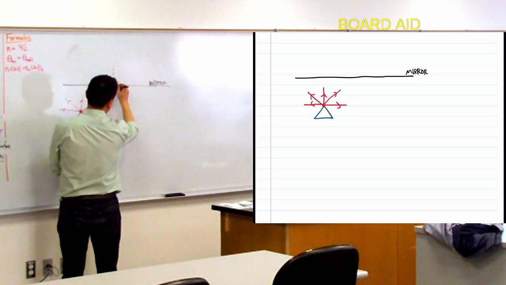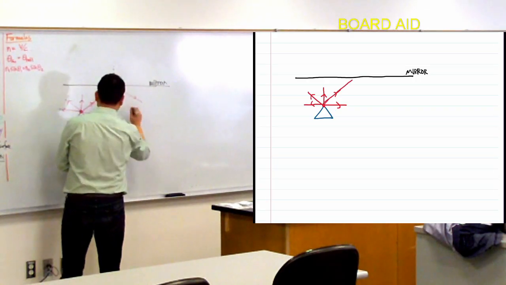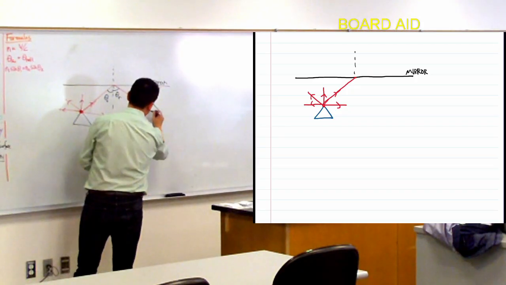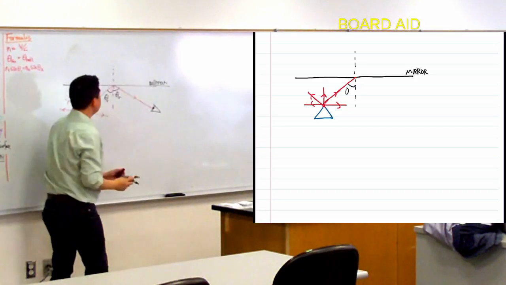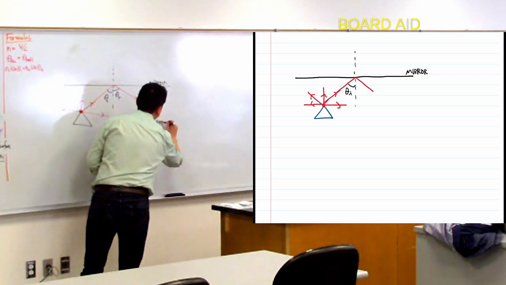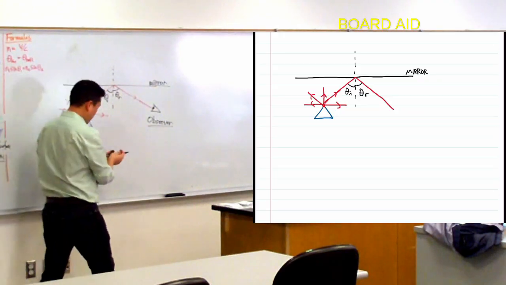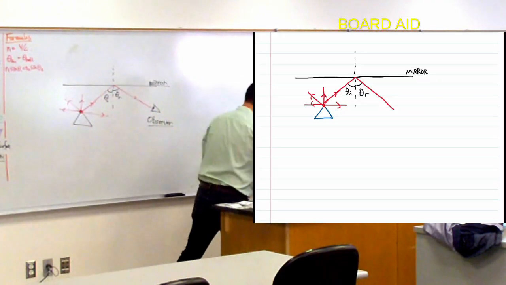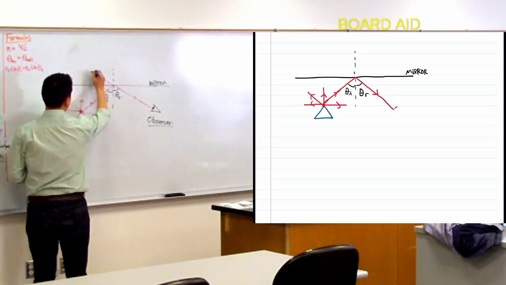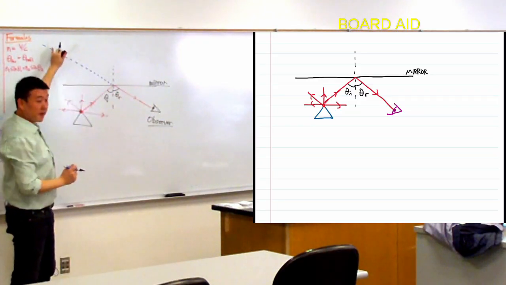So angle of incidence equal to angle of reflection, and someone who's present here sees this ray of light, and to this observer, this ray of light appears to be coming from this direction that you would get when you extend this ray of light.